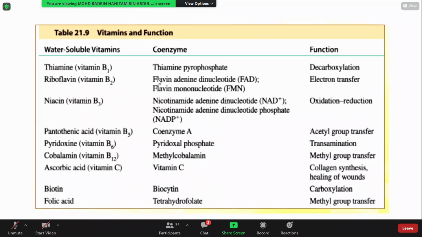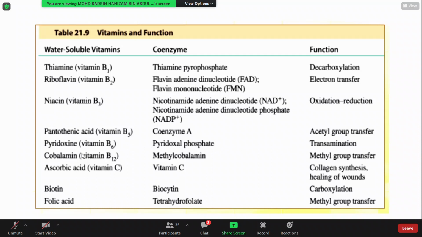And then B2, riboflavin, coenzymes FMN and FAD for electron transfer, the electron transport chain. Require both FMN and FAD. B3, niacin, coenzymes nicotinamide adenine dinucleotides, NAD and NADP, for oxidation and reduction. B5, pantothenic acid, or coenzyme A, acetyl group transfer.